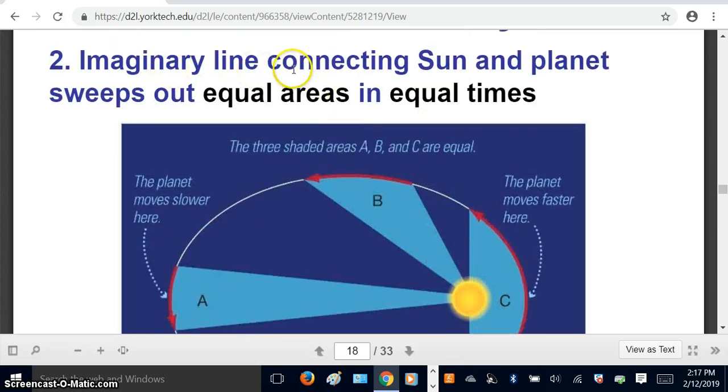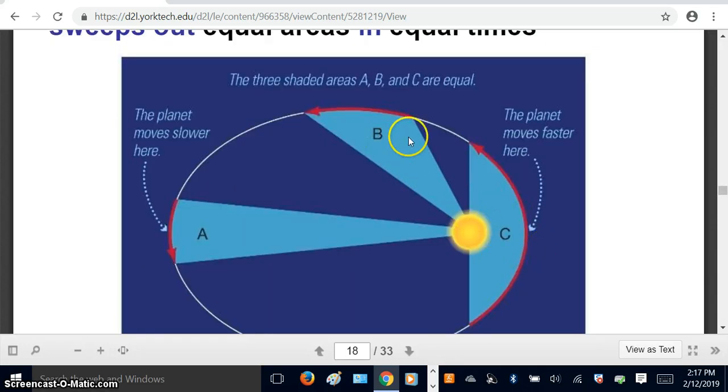Let me read this. Basically the area A, this shaded area right here in a light blue color, and area B and area C are the same. They're exactly the same area.